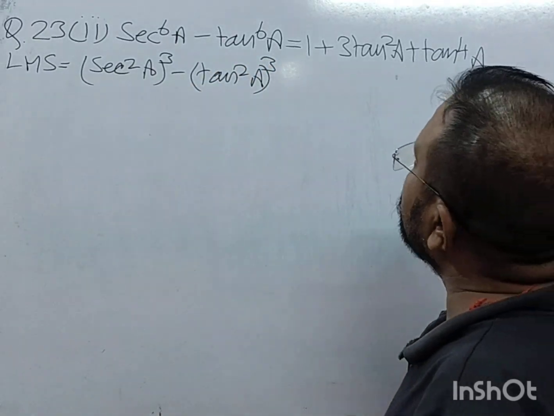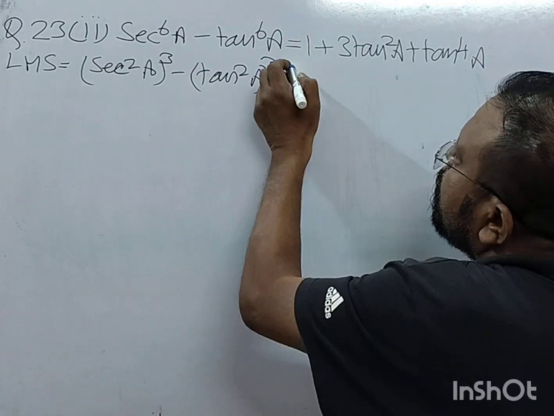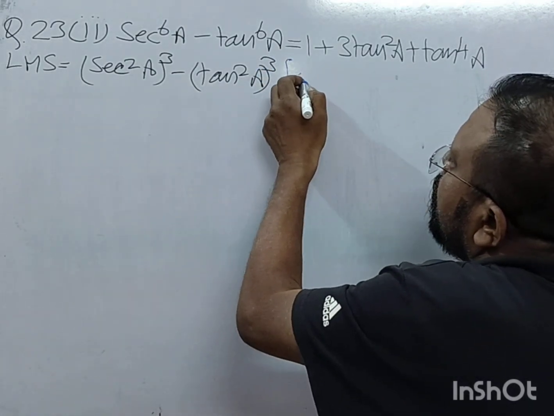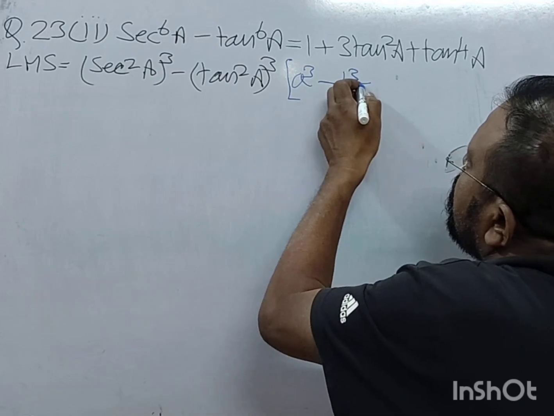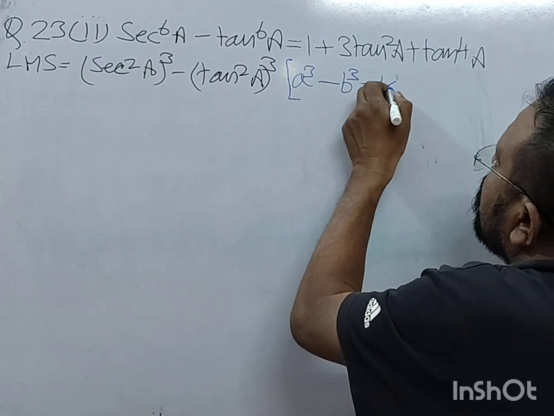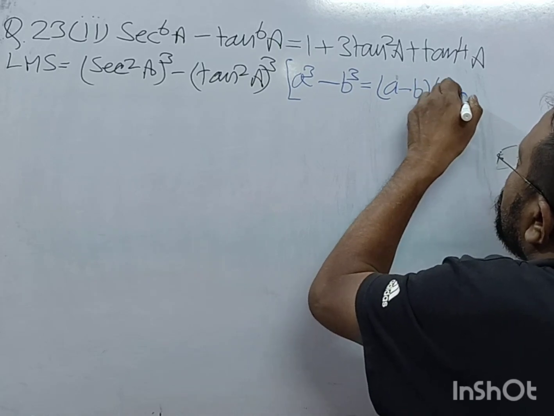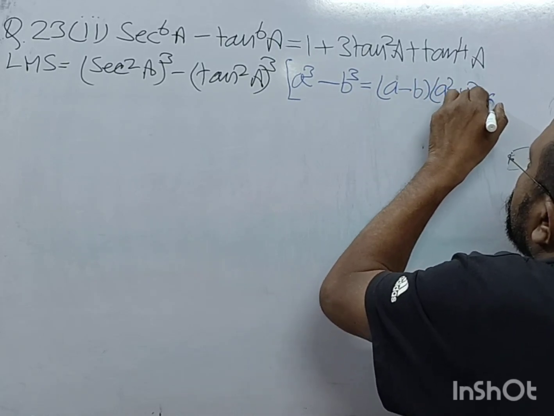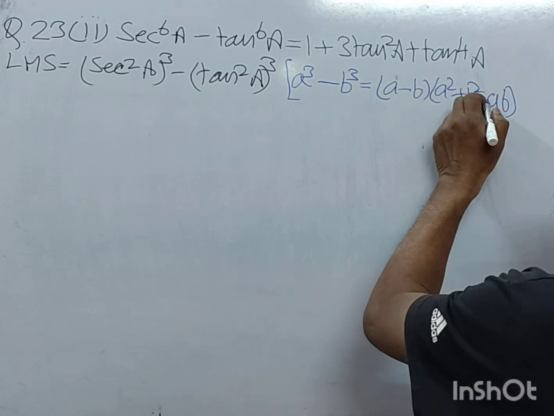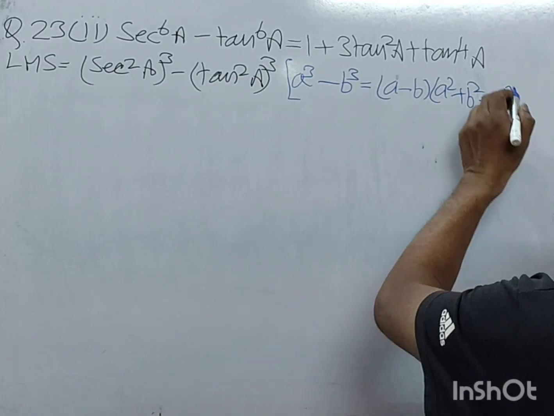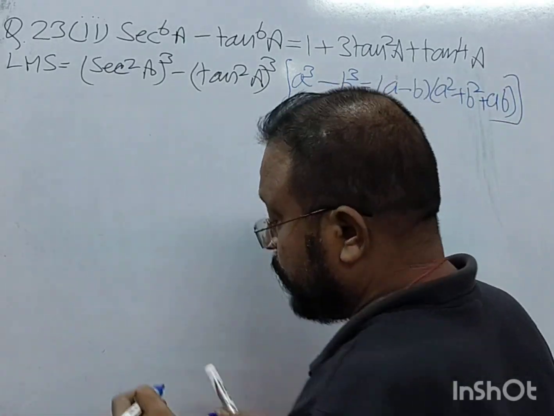And you know that a cube minus b cube is equal to a minus b bracket a square plus b square plus ab. You know this formula? So put this value here.